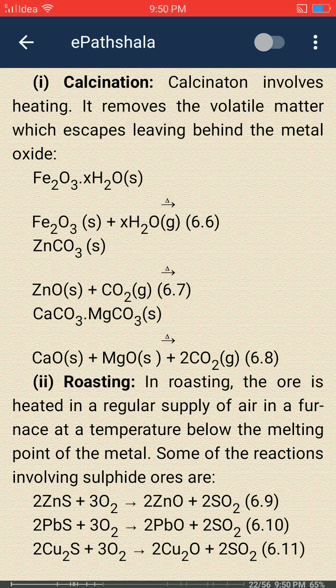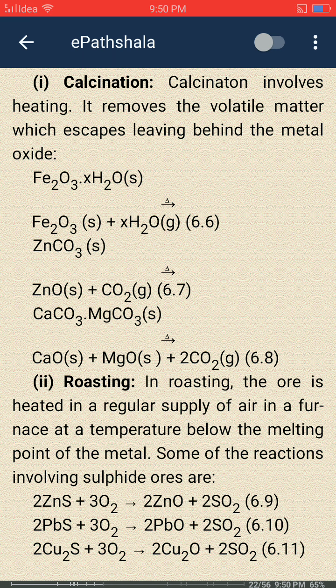It removes the volatile matter which escapes, leaving behind the metal oxide. So we are just heating the volatile matter out and then leaving behind the metal oxide.